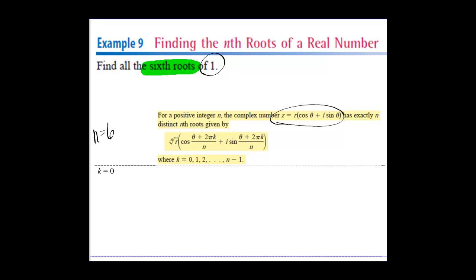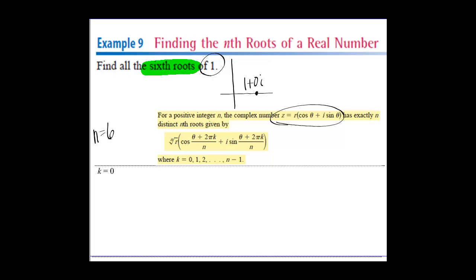It's in standard form, a plus bi. A quick sketch of 1 would just be on the real number axis. So here is 1 plus 0i.